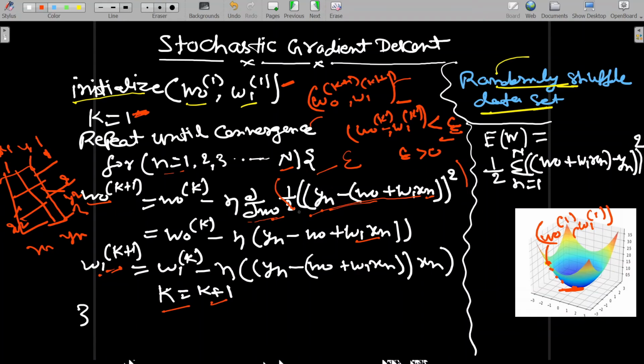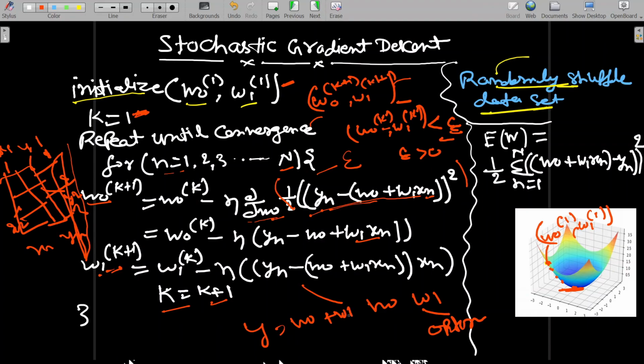If it is not converging, then repeat the same steps and it will converge, and it will give you w0 and w1, which would be the optimal ones. And then we get w0 plus w1 x, which is the linear regression model for the given data set, which can predict.